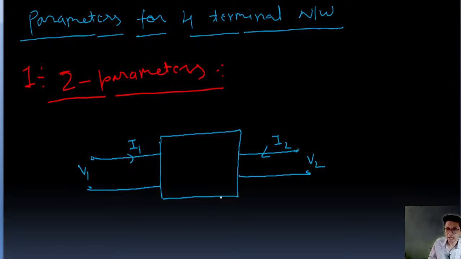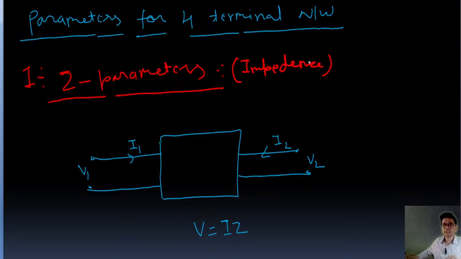From here we know V equals IZ, where Z is the impedance. So Z parameters are also called impedance parameters. This is the four terminal network, guys. Now I'll explain the Z parameters.